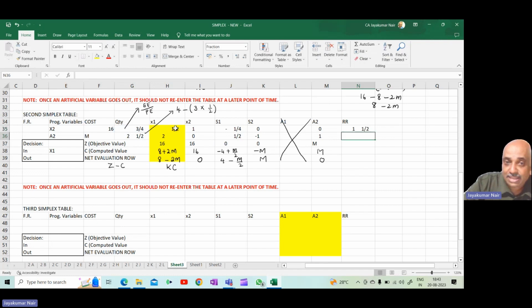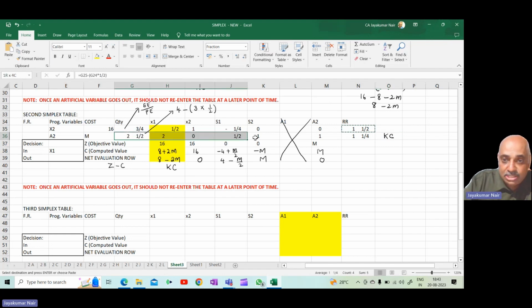So I get 1 by 2, in other words 1.5, and here it is 1.25. Therefore, 1/4 is lower than 1 by 2. Therefore, this will be chosen as the key row, the lower value.